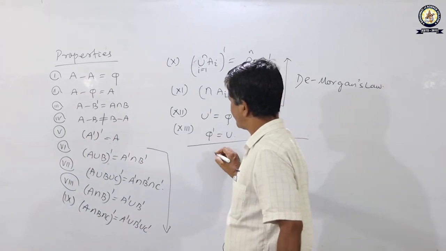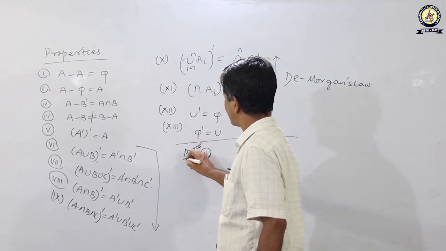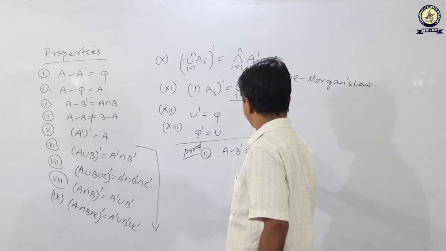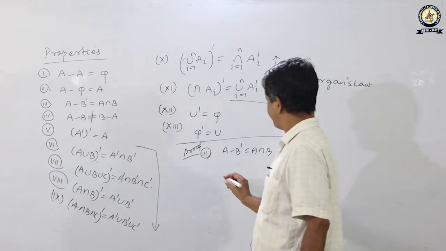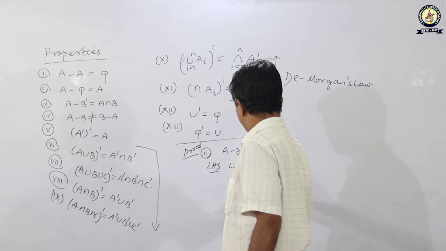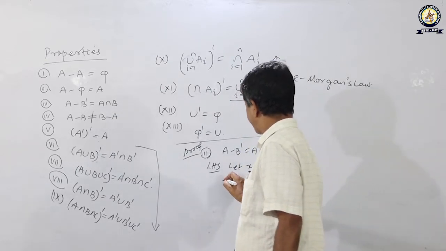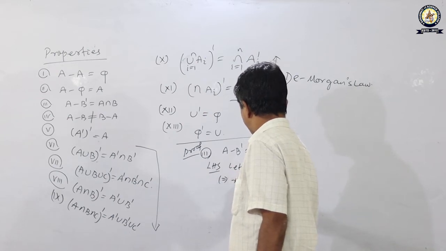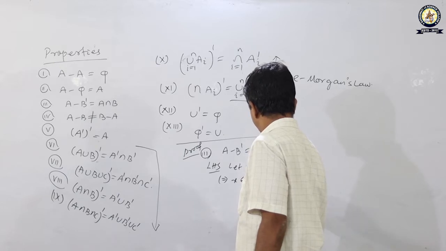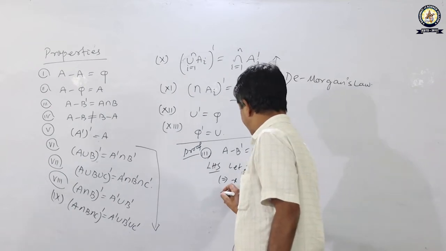Come to the proof of third bit. A difference B dash is equal to A intersection B. Let us start from the left. LHS. Let X belongs to A difference B dash. Implies and implied by X belongs to A and X does not belong to B dash.